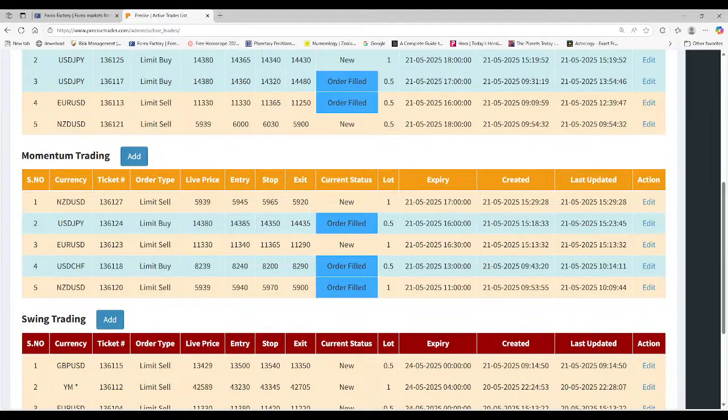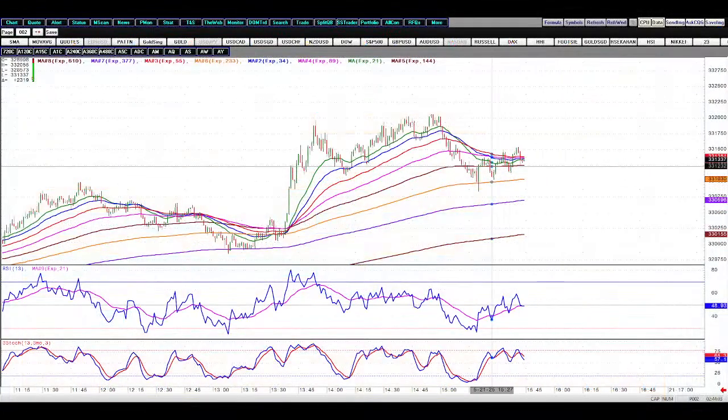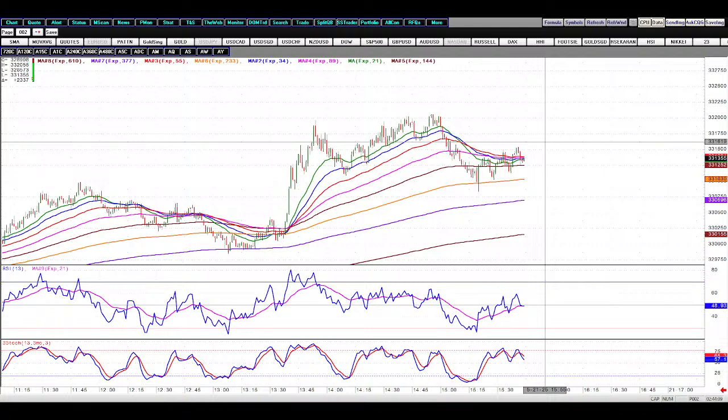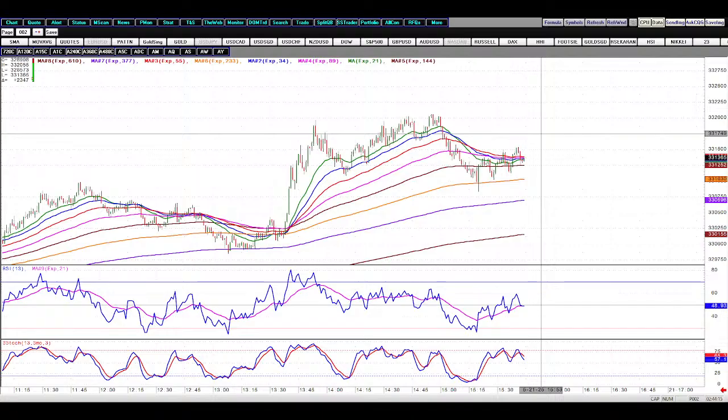Then the gold, you can see on the message, we are going for a cautious sell at 3314 half, which we have already done. That is 0.2. Then we are going for one more sell at 3316 half, that is another 0.2 or 0.3.